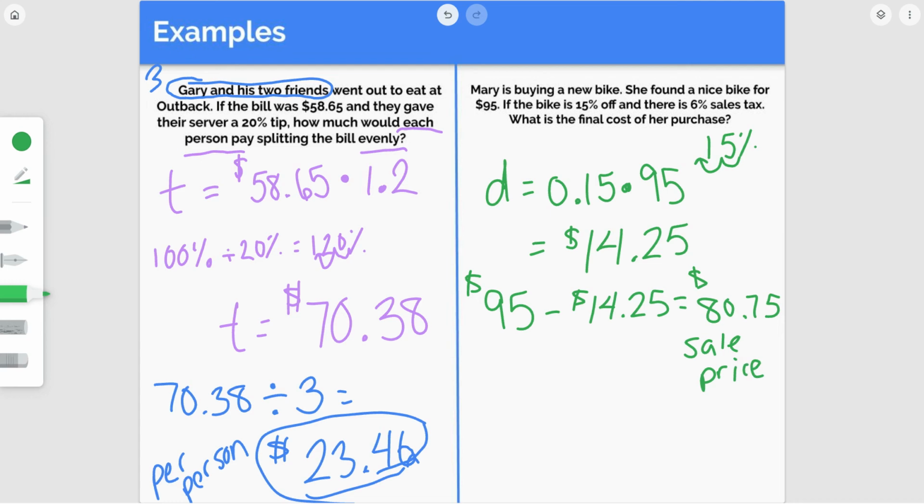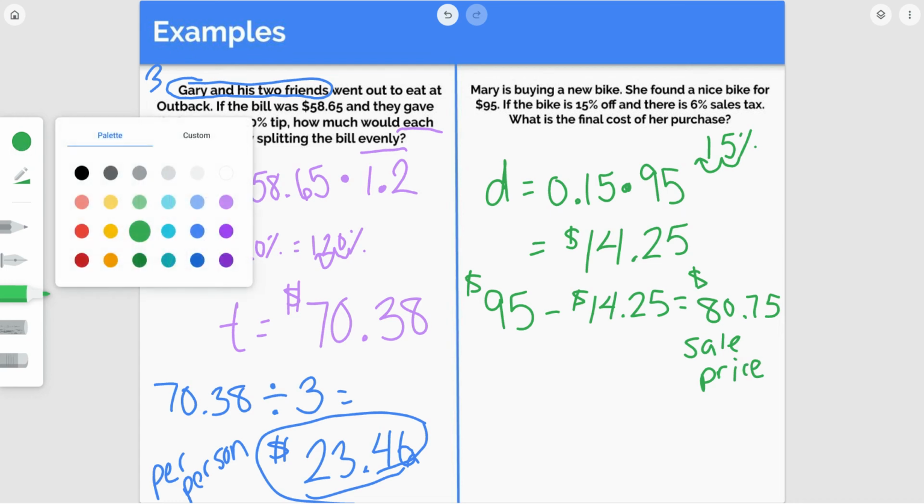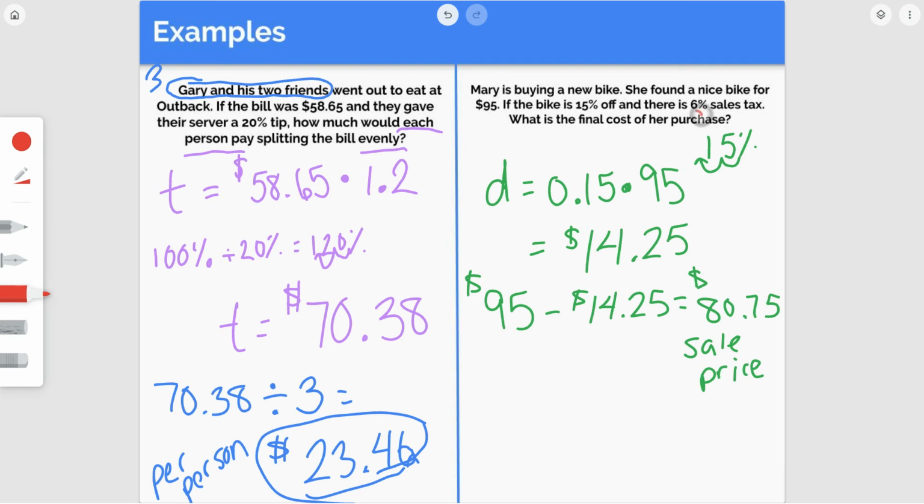Okay, but that's not the final cost of her purchase because now we got to figure out the 6% sales tax. So using the sale price, I need to figure out how much sales tax is she going to pay.